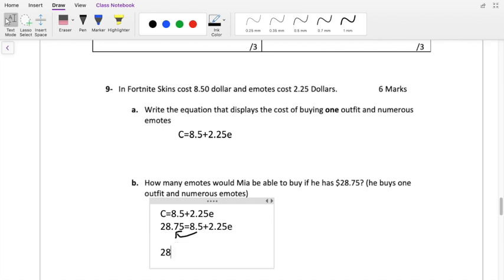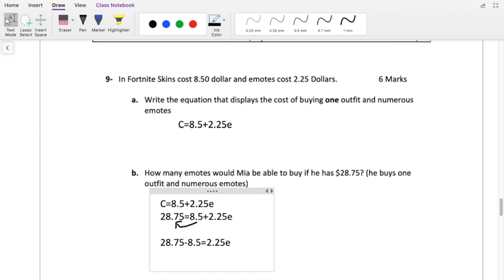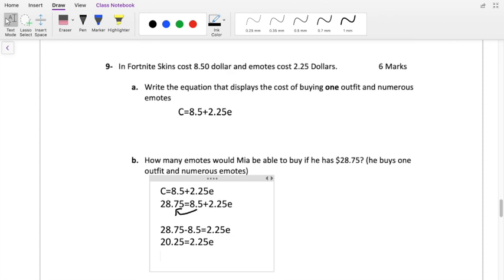So it's going to end up being 28.75 minus 8.5 equals 2.25E. Now that's going to equal 20.25, I believe, equals 2.25E. So then I take a look and I need just E, so this is a multiply right now.